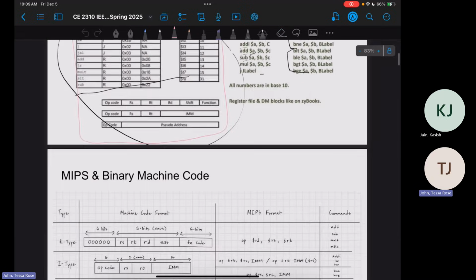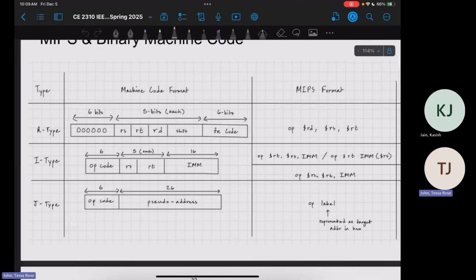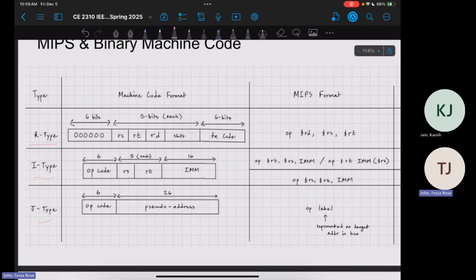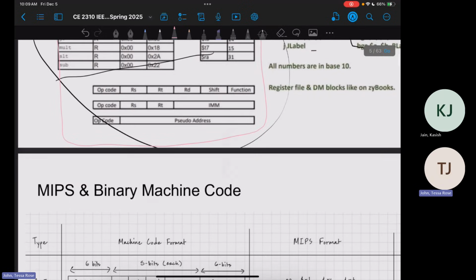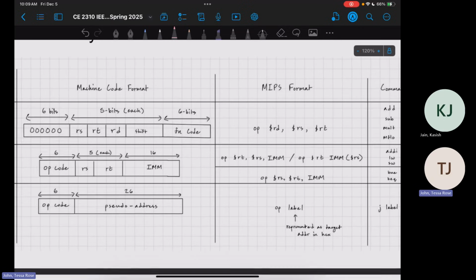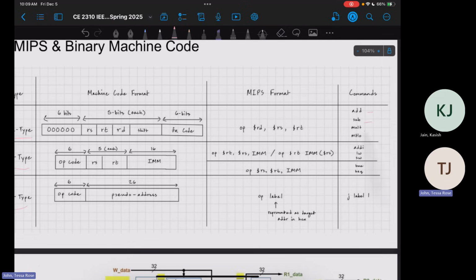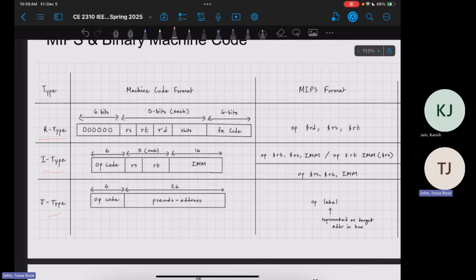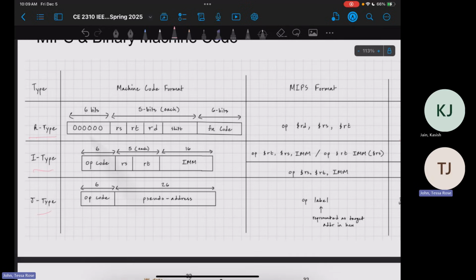So in total, we have 3 different types for machine code. This is also given in the exam, but I'm just gonna go over it. So the R type, this is the add, subtract, multiply. There's another one, but y'all only need to know the 3. So we have the 6-bit opcode, and then this is the RS, RT, and RD.